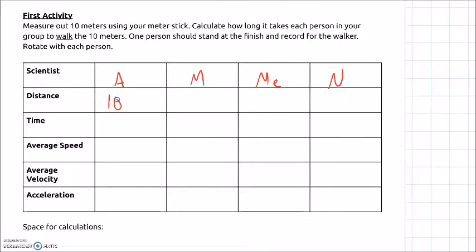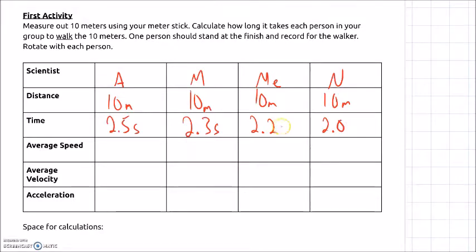So we know in our first activity, we all walked 10 meters. Let's say that I took 2.5 seconds, Mr. Moore took 2.3 seconds, Metzler took 2.2 seconds, and Nagel took a flat 2 seconds.